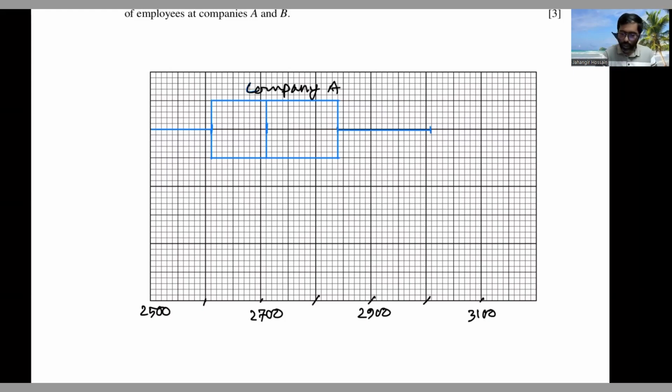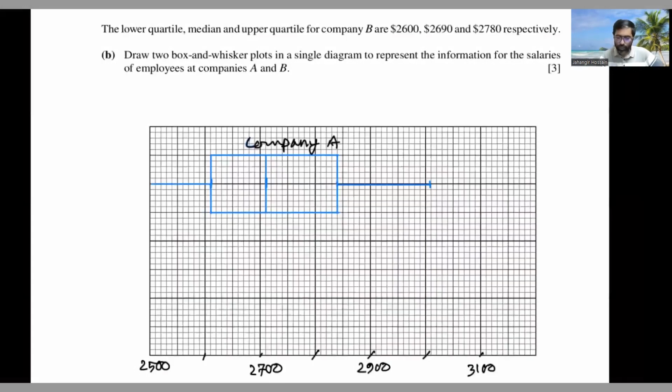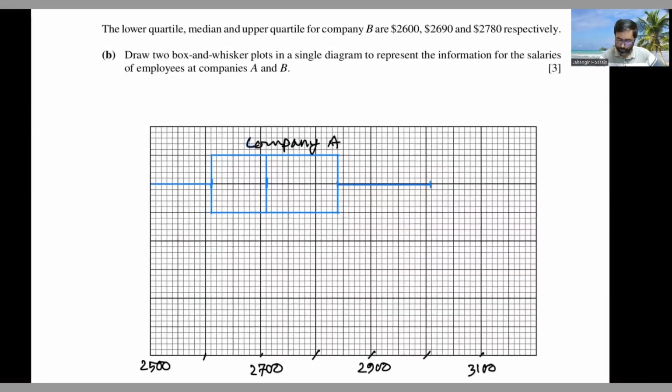Okay, now let's complete the box plot for company B. The Q1 for company B is 2600, and Q2 is 2690, Q3 2780.